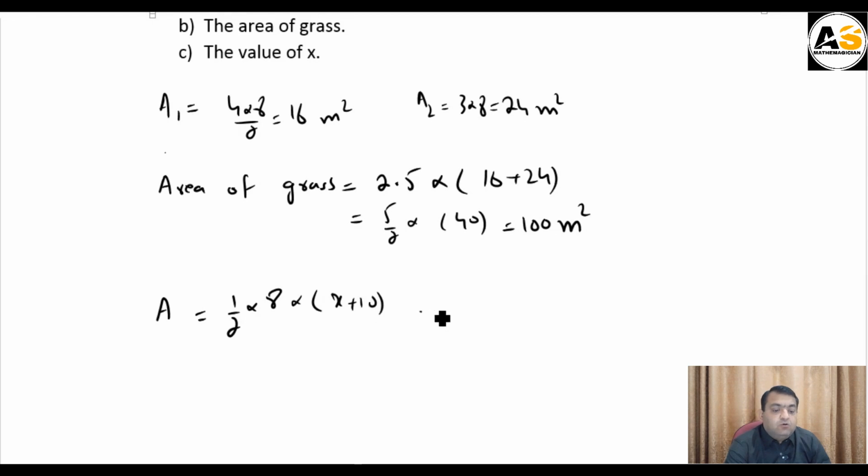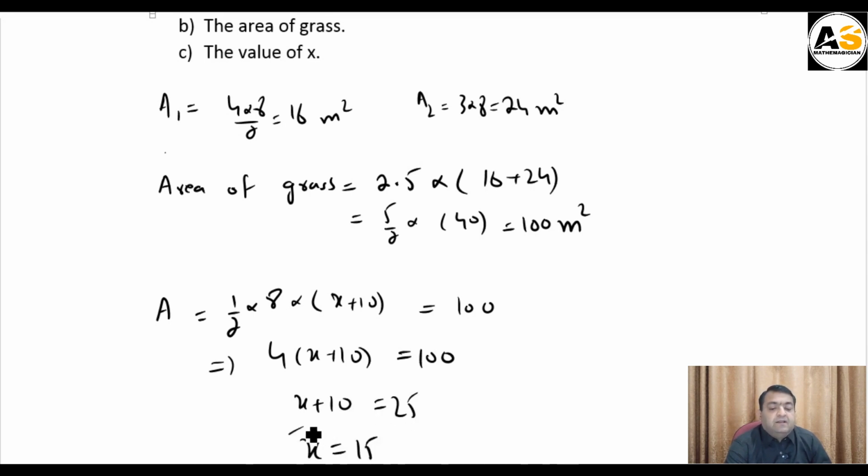And this we just calculated is equal to 100. So from here I can see 4 times x plus 10 is equal to 100, and x plus 10 is equal to 25, x is equal to 15. This is the last part of this question.